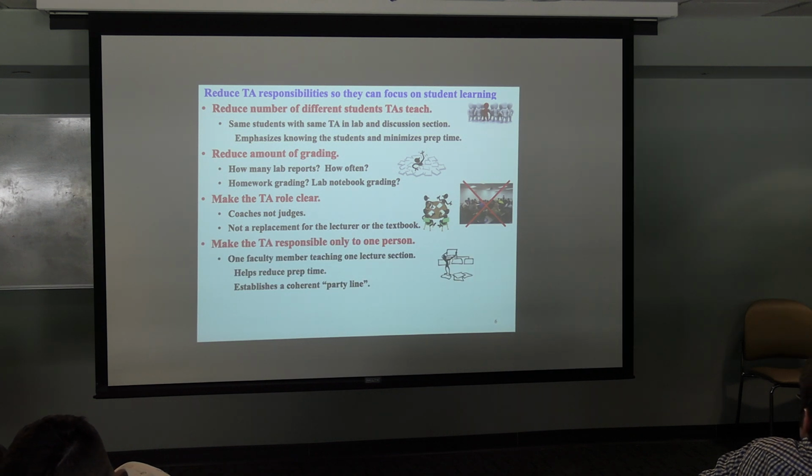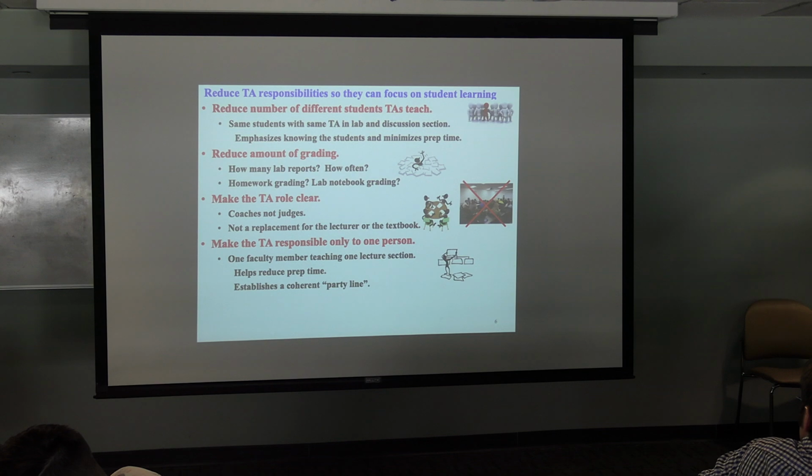And the other thing was, who's the TA responsible for? I mean, when they were teaching like 4 lab sections, those 4 lab sections were taken by students from maybe 3 different professors. Okay, and then there was the person in charge of the lab. So we tried to simplify that so that the TA was responsible to only one person. And that would be a single faculty member who was a lecturer.